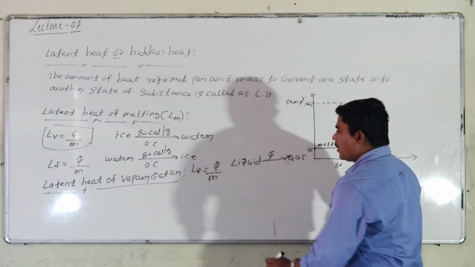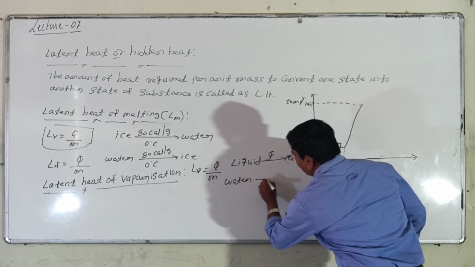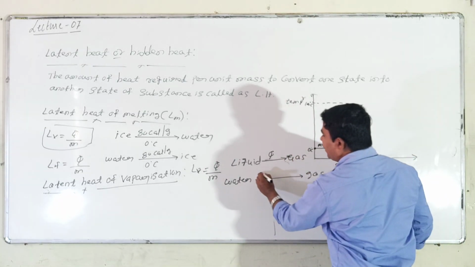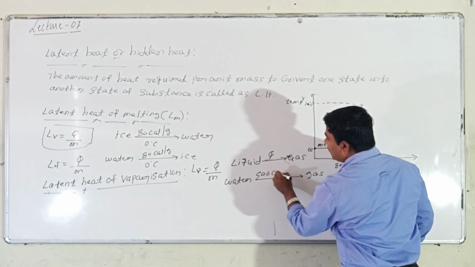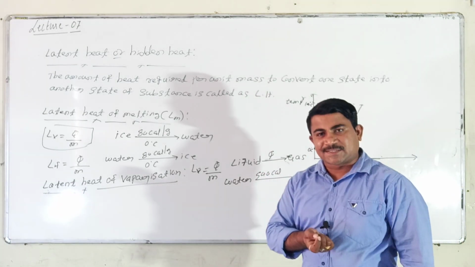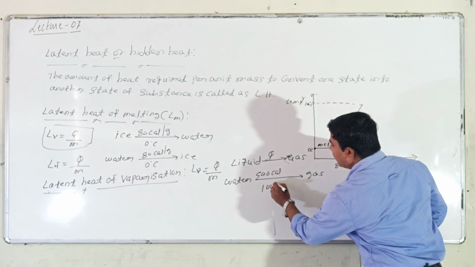To convert water into gas, we need 40 calorie of heat. Water starts to boil at 100 degrees Celsius.